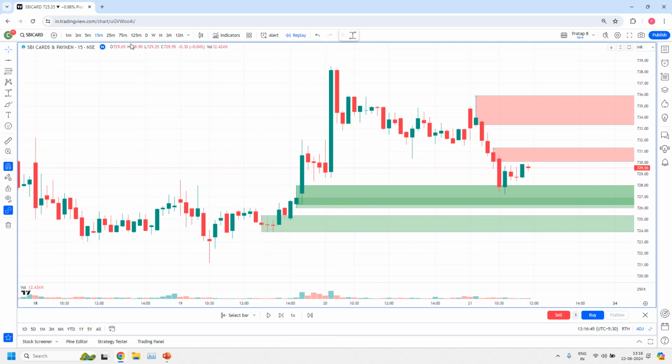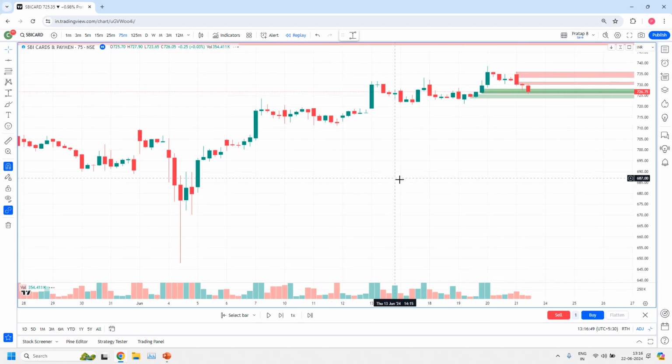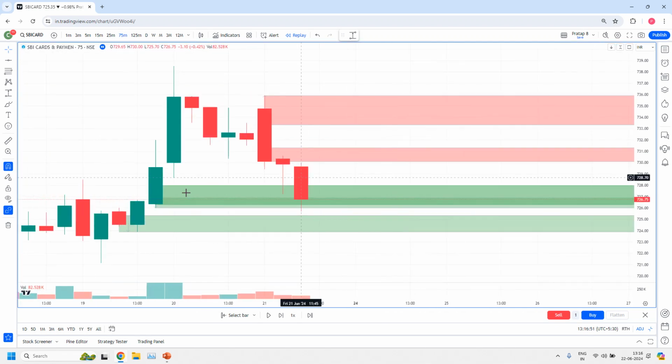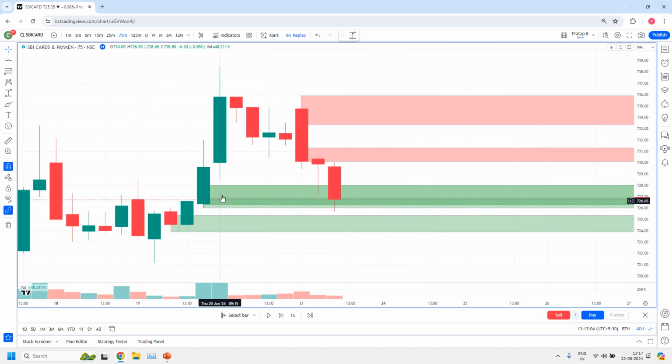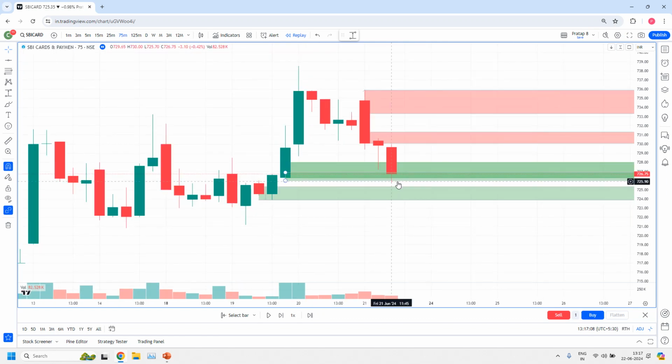This is the 15-minute zone. Definitely this will be within the 75-minute zone. Now I am shifting to the 75 minutes time frame. See here, we have a rally, 2 base candles, rally. It is exactly within this area. If this is violated, probably institutions will pick up the orders from here.